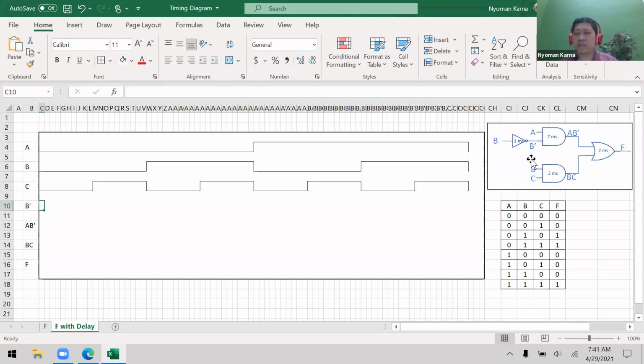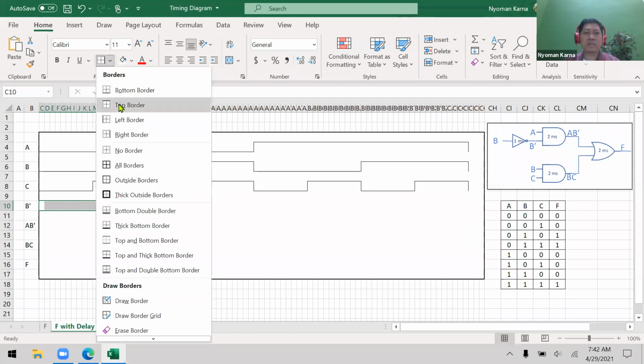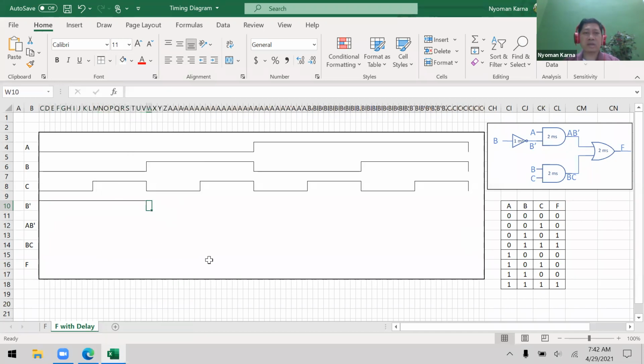For example, we need first to create the signal for B naught. Okay. B naught is the inversion of B. So it's supposed to be like this. This is the top. Okay. Because B is 0, then B naught is 1. However, there is a 1 millisecond delay. So in this case, the output will be delayed for 1 millisecond.